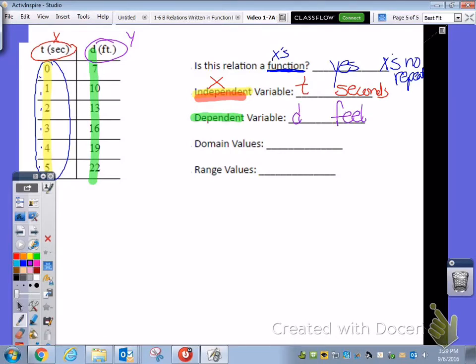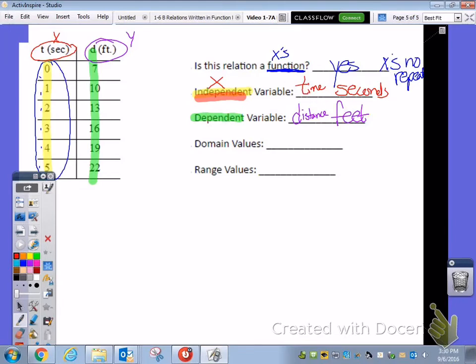Now, normally, people will use variables that represent the word, and they have the same first letter. But sometimes, like time, they use T because there are different measurements for time, like hours, minutes, and seconds. D represents distance, and in this case, they're using feet, and T was time, and in this situation, they're using seconds.